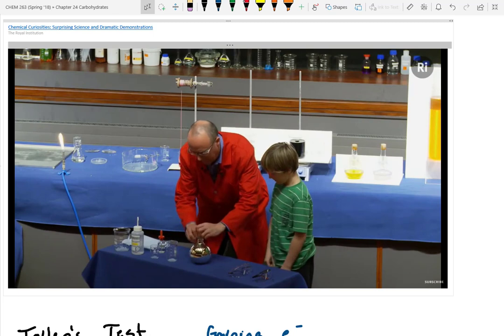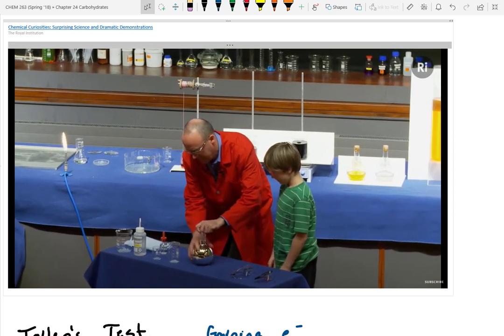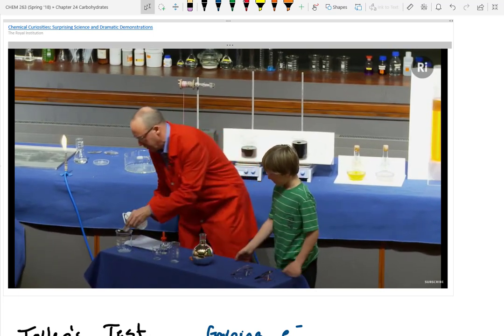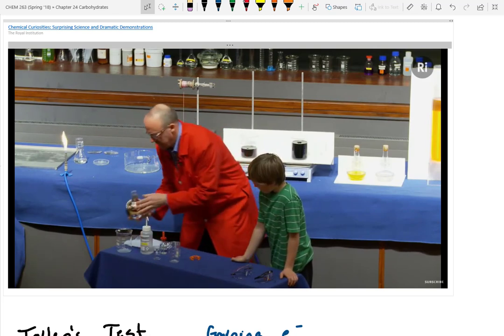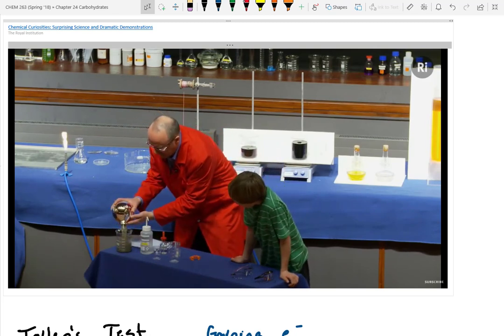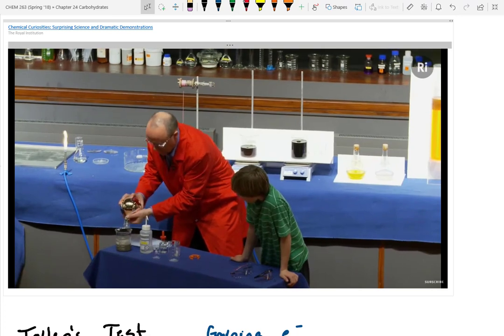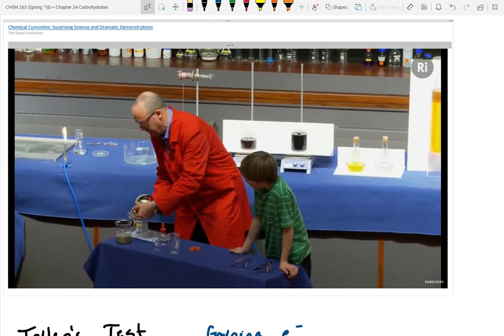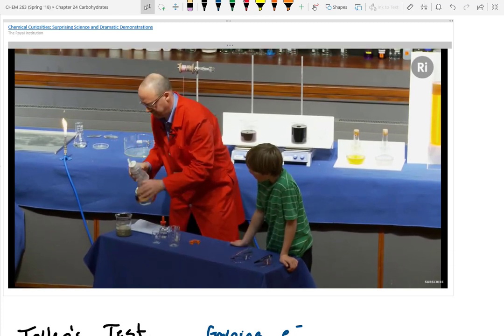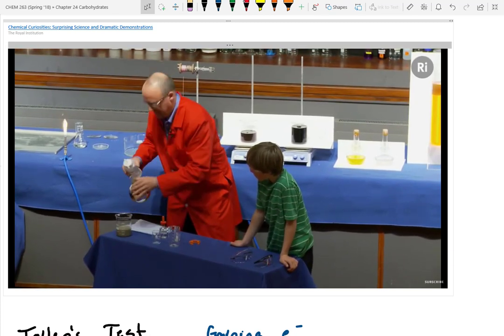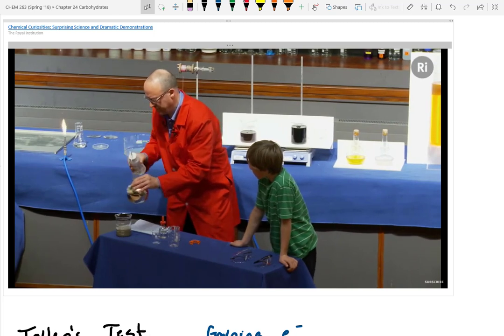Right, I'm going to take the clip off, take out the stopper, just wash that off. And I'm going to pour out the remaining chemicals. And then I'm going to rinse this out with distilled water. Rinse it out a second time.